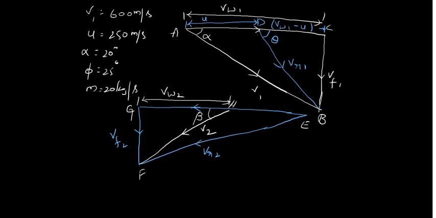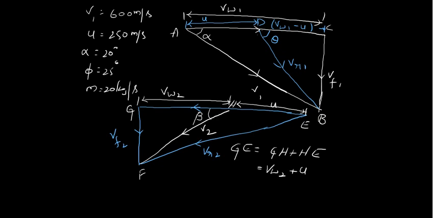Now what is the value of EH? It is U. If I want to know the value of GE, what is the entire value of GE? It is nothing but GH plus HE. What is GH? VW2. What is HE?